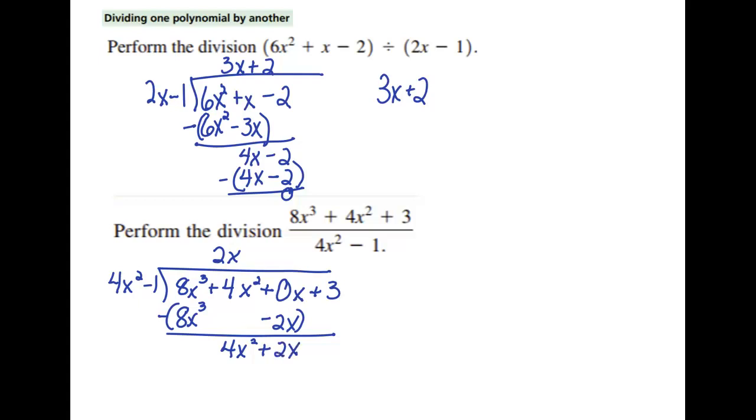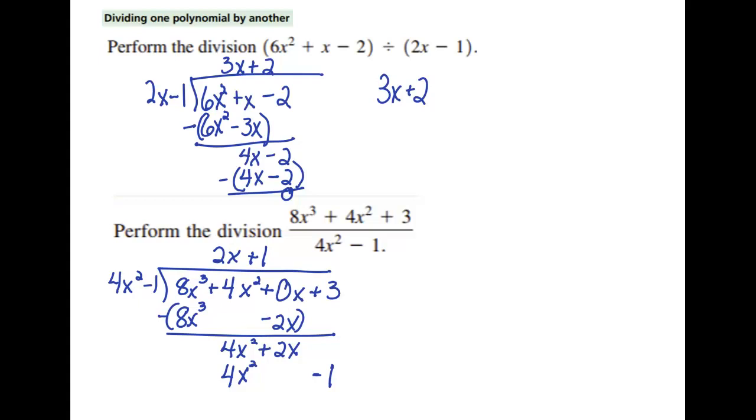And then I go through the process again. 4x squared goes into the 4x squared how many times? 1. So we're going to say plus 1 up here for our quotient. 1 times 4x squared is 4x squared. And then we're going to do 1 times negative 1. That's just my negative 1, right? So we're going to put it over here with our constant term.